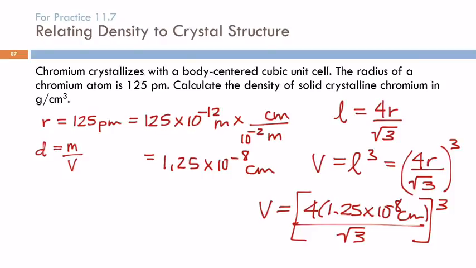No, that's not going to work. I'll do the inside first. 4 times 1.25 EE minus 8 divided by the square root of 3 equals, so that's 2.88 times 10 to the minus 8, and then I'm going to raise that to the third power.